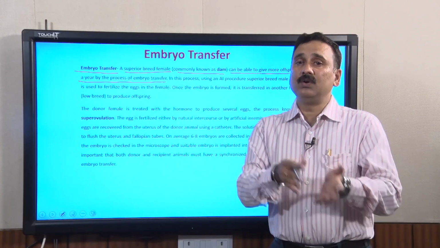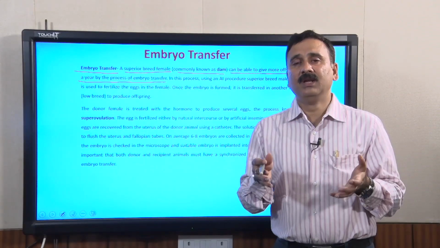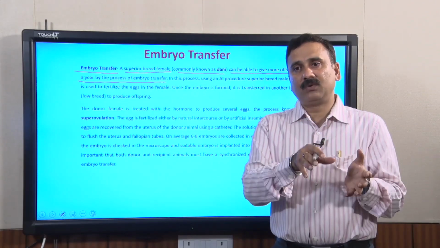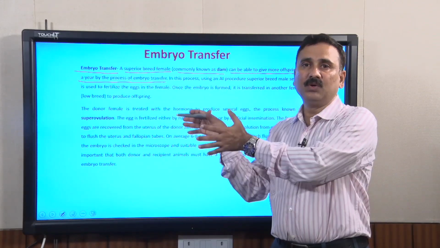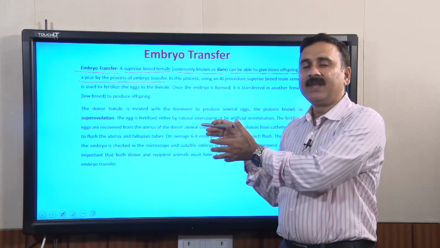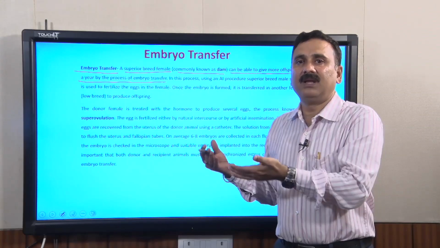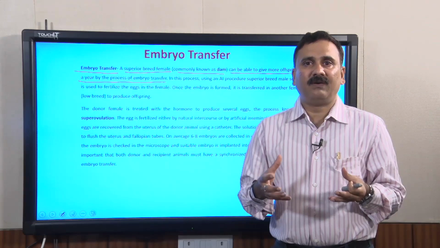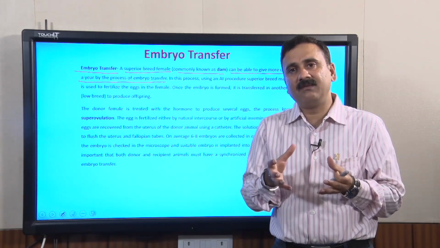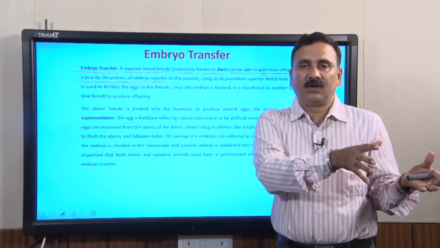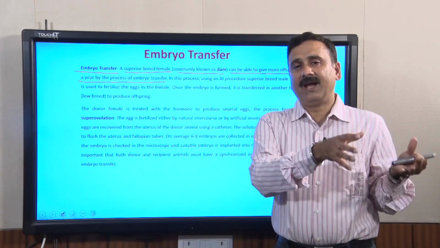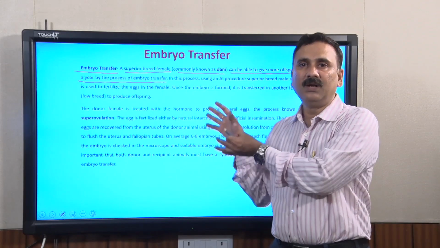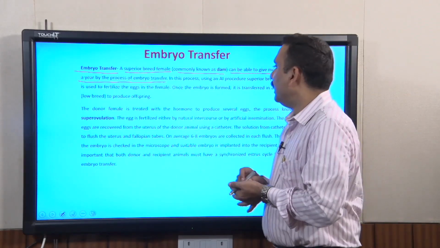But if you want to increase productivity, what you can do is generate the embryos in a superior female, and then transfer these embryos to another female and allow that female to develop the embryo, because what is more important is that the embryo is of very high quality. So, you have generated the embryo in a good quality or hybrid female, and then ultimately you have transferred this embryo into a low profile female.